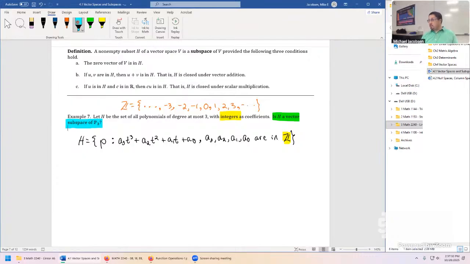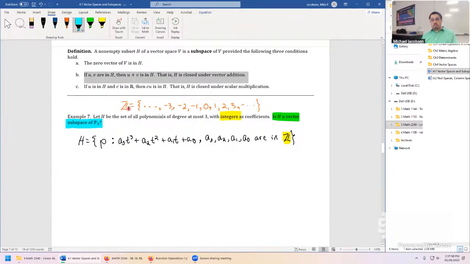Well, let's think about this one. To be a true subspace, both closure properties have to hold. And let's think about part B. If we generate 2 polynomials and have their coefficients be integers, adding up the polynomials just combines like terms. We'd be adding up the coefficients for the t cubed term, the t squared term, and so on.